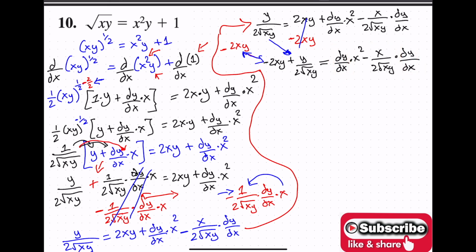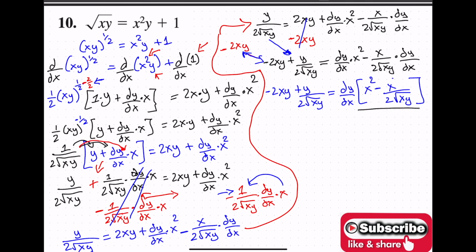So I'm going to factor out that. So let me use a different color. So I'm going to say negative 2xy plus y over 2 square root of xy equal to, and then I'm factoring out the dy/dx as a like term, and I'm left up with x squared minus x over 2 square root of xy, and I'm ready to divide by that same term both sides of my equation to isolate dy/dx.